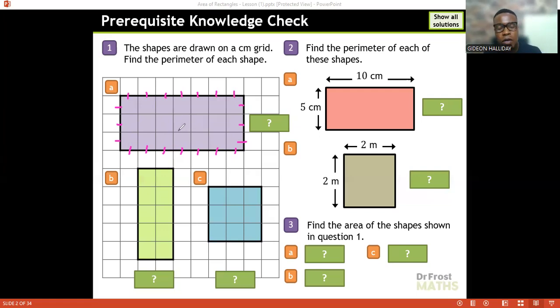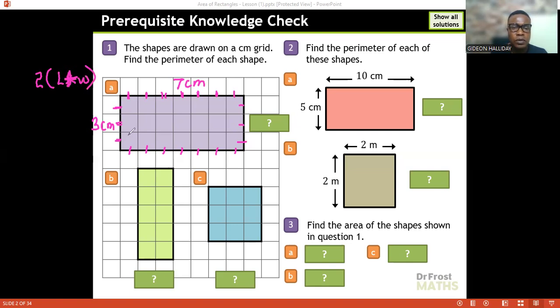Now, if you don't want to count all those things, you can count this: 1, 2, 3, 4, 5, 6, 7. So 7 centimeters for the length. And for the width, 1, 2, 3, 3 centimeters. Now, the formula for the perimeter of a rectangle is 2 times length plus width.